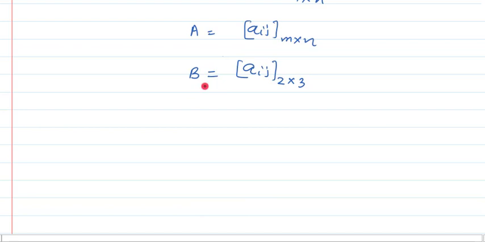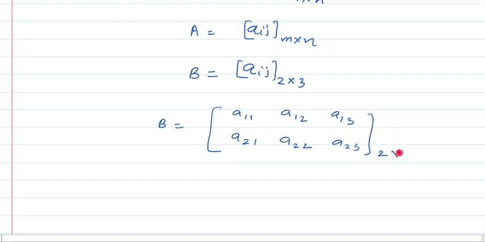This matrix B can be written as B is equal to a11, a12, a13, a21, a22, a23. Clearly, this is a matrix of order 2 by 3, meaning having 2 rows and 3 columns.